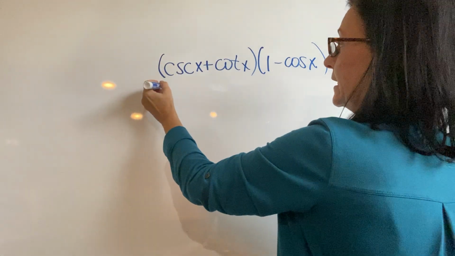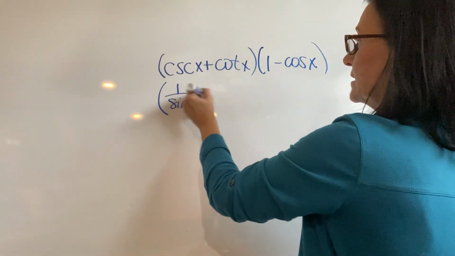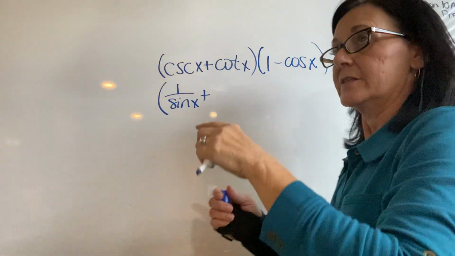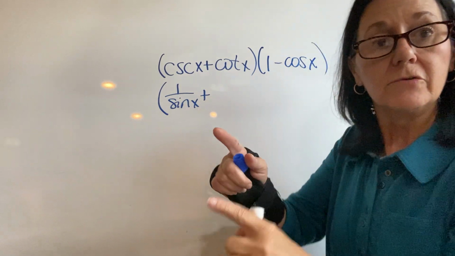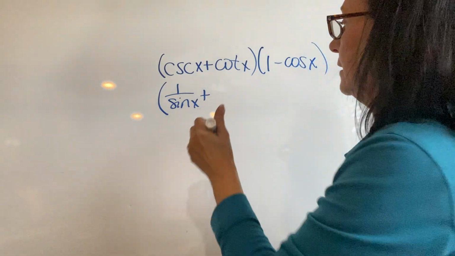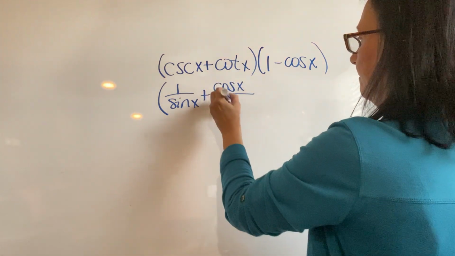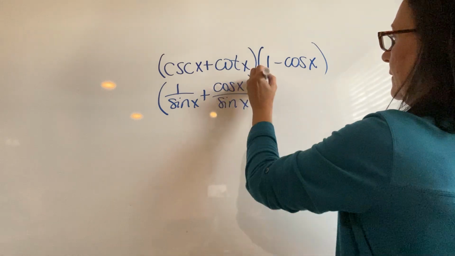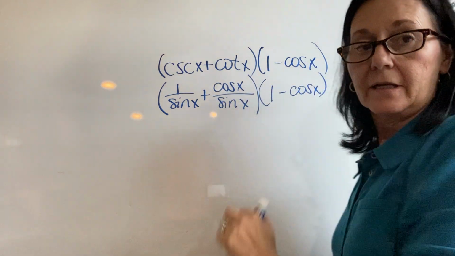The cosecant is 1 over the sine of x. The cotangent, all right, so the tan is sine over cosine, and the cotan is cosine over sine. I look, I have a common denominator.